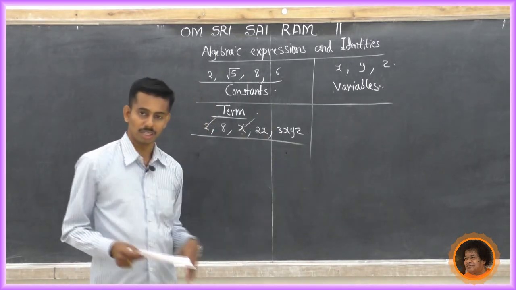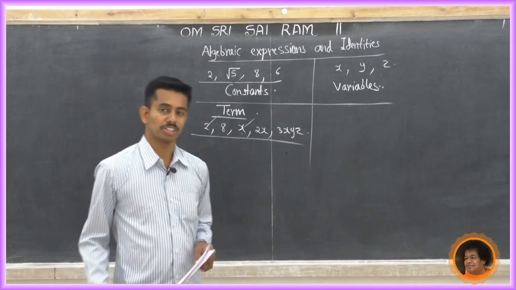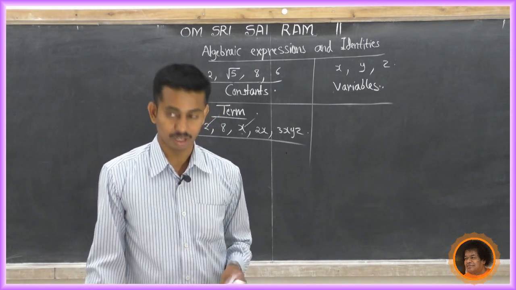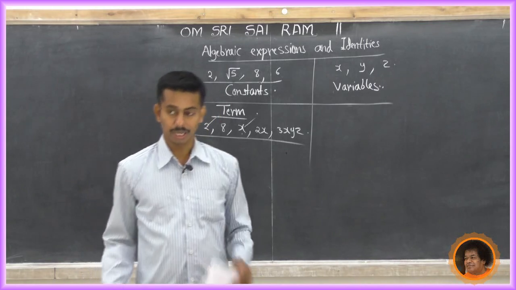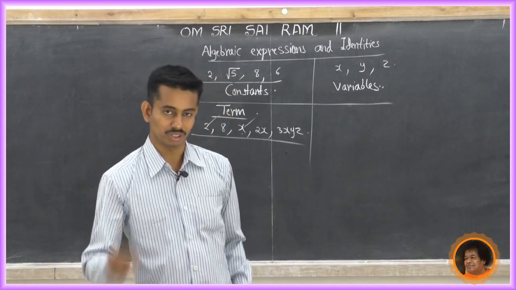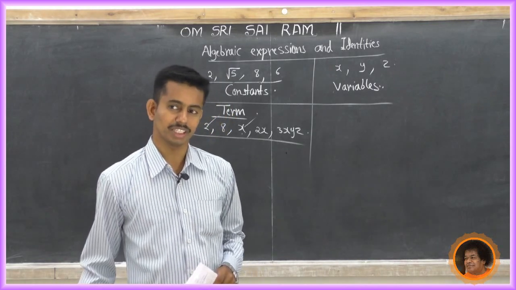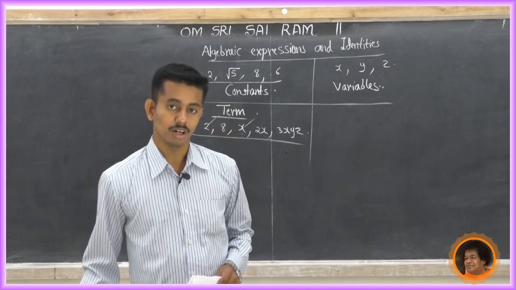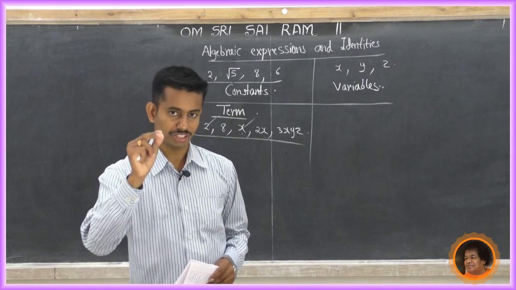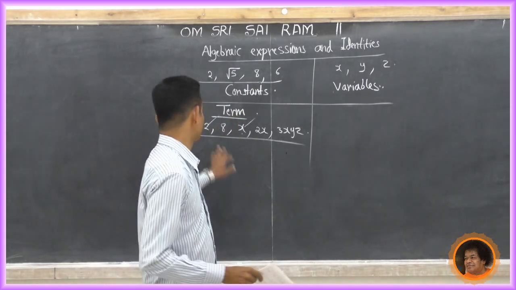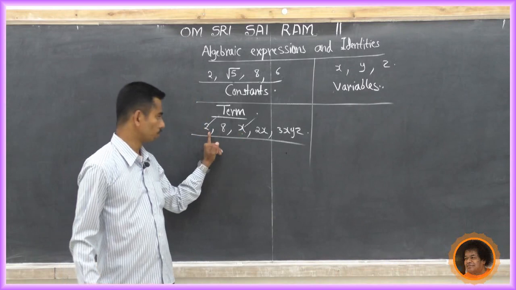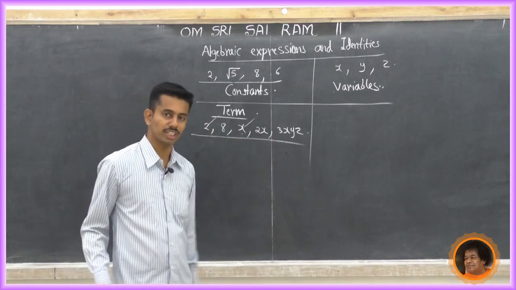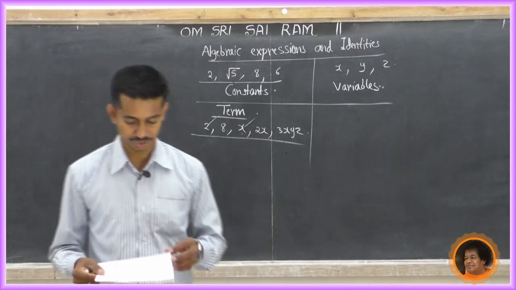From these examples, we conclude a term is a constant, or a variable, or a combination of constant and variable. So, 2 is a term, 8 is a term, x is a term, 2x is another term, 3xyz is also a term.